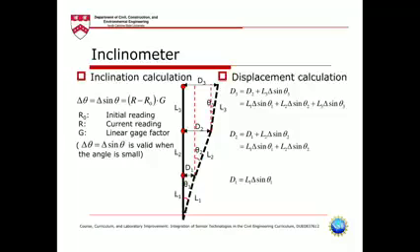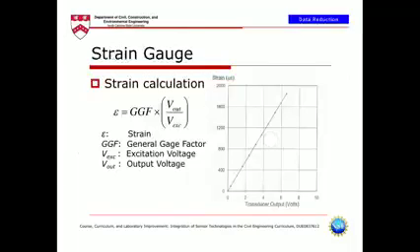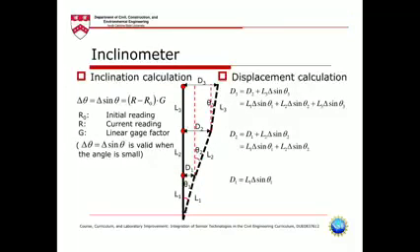Then we can calculate D2 as D1 plus L2 delta sine theta 2, where we already know the value of D1. Then D3 is D2 plus L3 delta sine theta 3. Since we know the values of D2 and D1, we can put them in the equation of D3 and find the value. This is the calculation for the inclinometer.